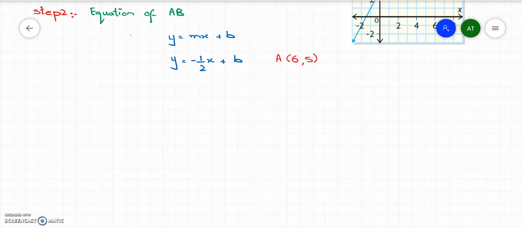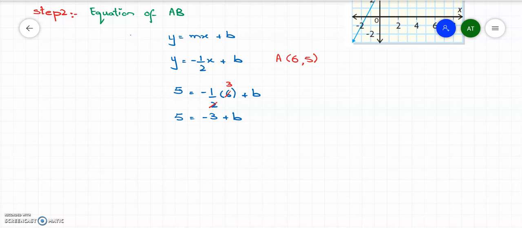So y is 5, negative 1 divided by 2 times 6 plus b. Okay, now we have 2 times 3 is 6, and 3 times negative 1 would be negative 3. So 5 equals negative 3 plus b. Now to solve for b, we have to shift negative 3 to the left side.